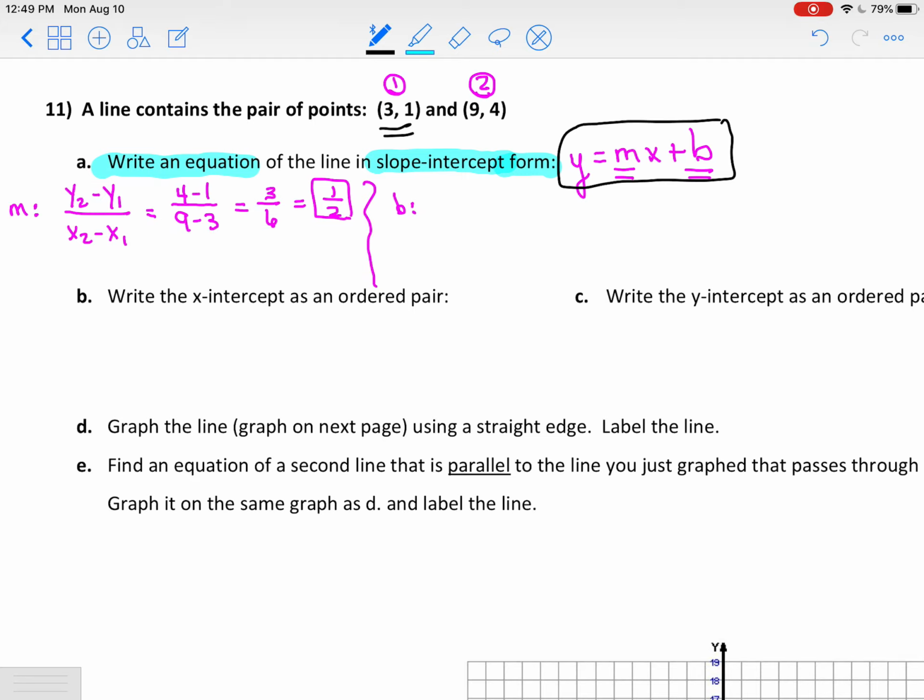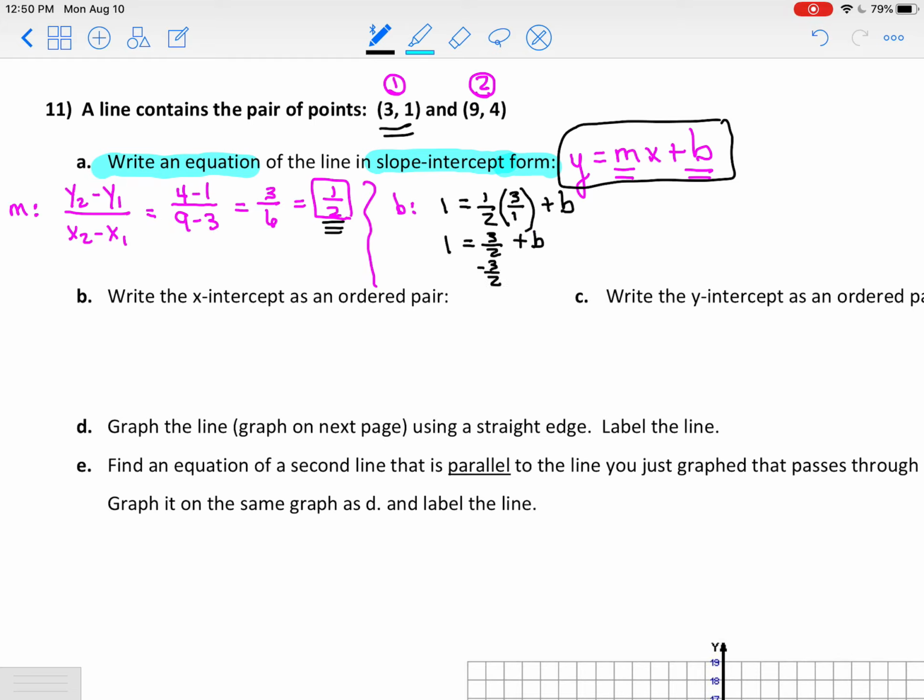It's got the smallest numbers. So I'm going to say 1 is equal to, and I'm going to use my slope that I just found, 1/2, and then I'm going to multiply that by my x, so I'm going to multiply that by 3/1, plus b. Now you notice everything is a number except for b, so then I can solve for that. So 1 is equal to 3/2 plus b.